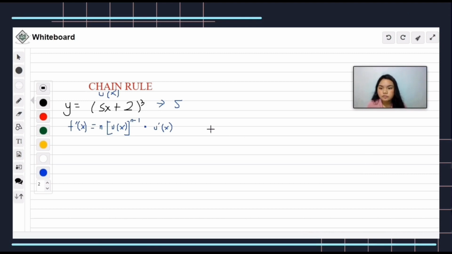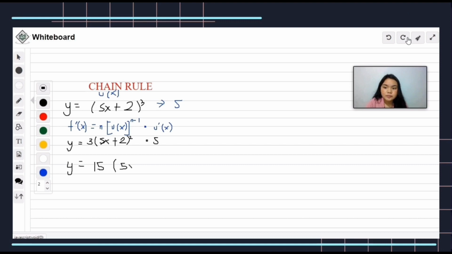The derivative of u(x) is 5, because 5 times 1 is 5. Then we will use the formula that I mentioned earlier and substitute. It will become 3 multiplied by (5x + 2) squared, multiplied by the derivative of u, which is 5.